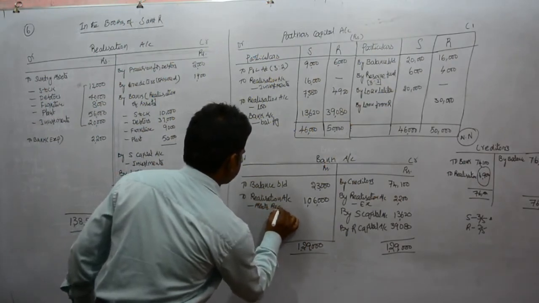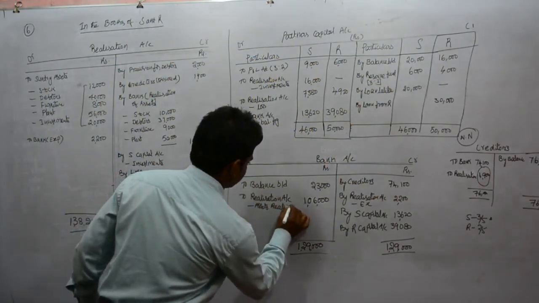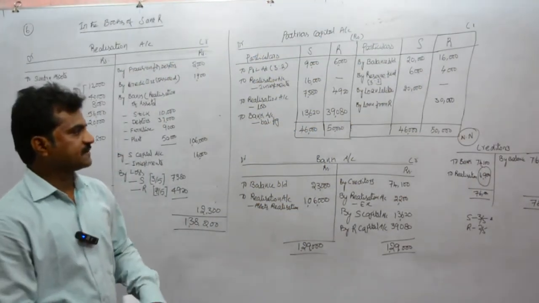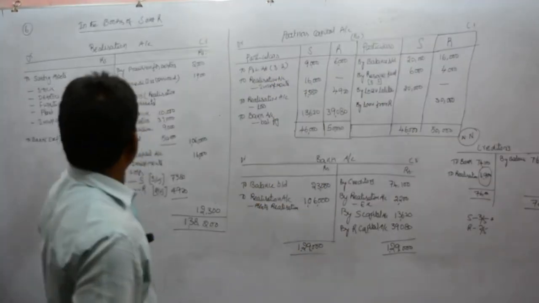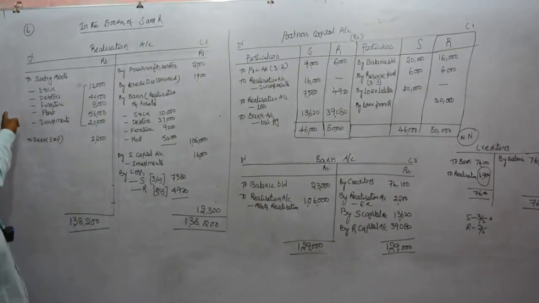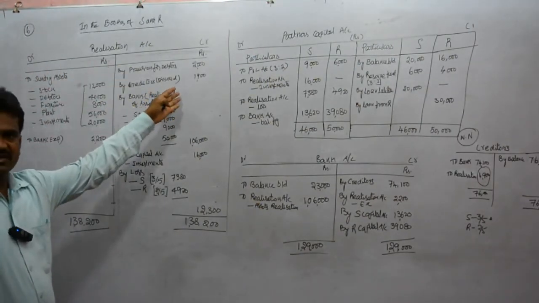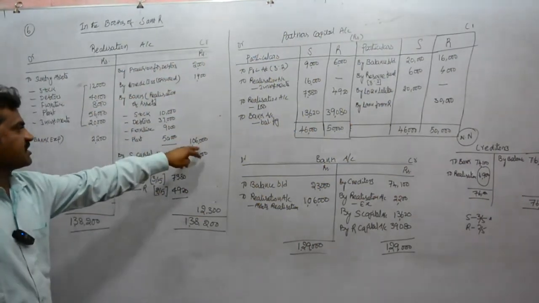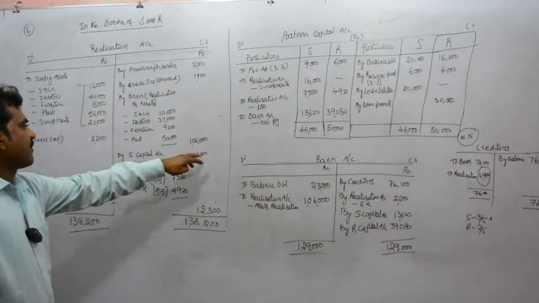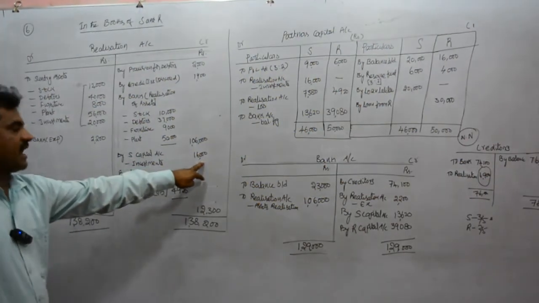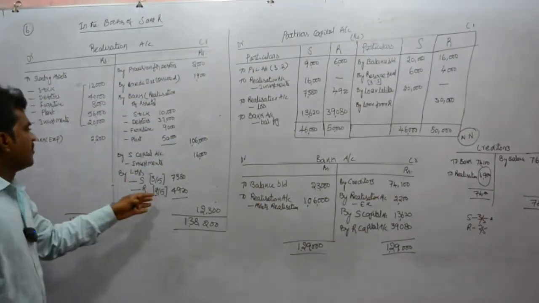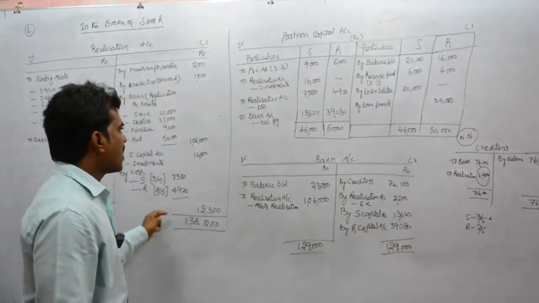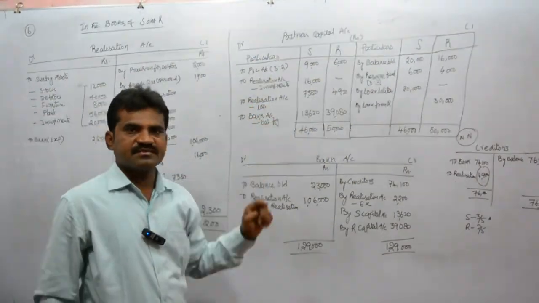Understand? See, this is the realization account. Assets debited, payments, liabilities credited, and realization of asset 1,06,000. Capital account, that is investment taken over by S 16,000. We arrived at loss on realization 12,300. That we have distributed to the capital accounts.